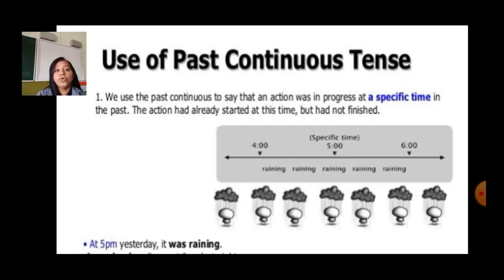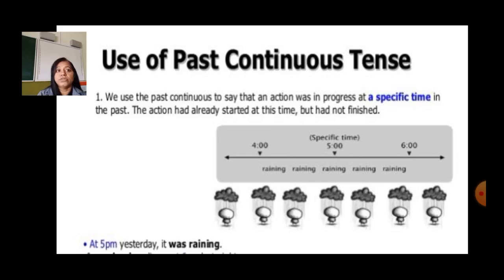Yes, so what we are saying is that it is in progress at a specific time in the past. Progress means continuous. It was going on. At 5 p.m. yesterday, it was raining. So we are talking about a specific time, at 5 p.m. At that time, which action was going on?